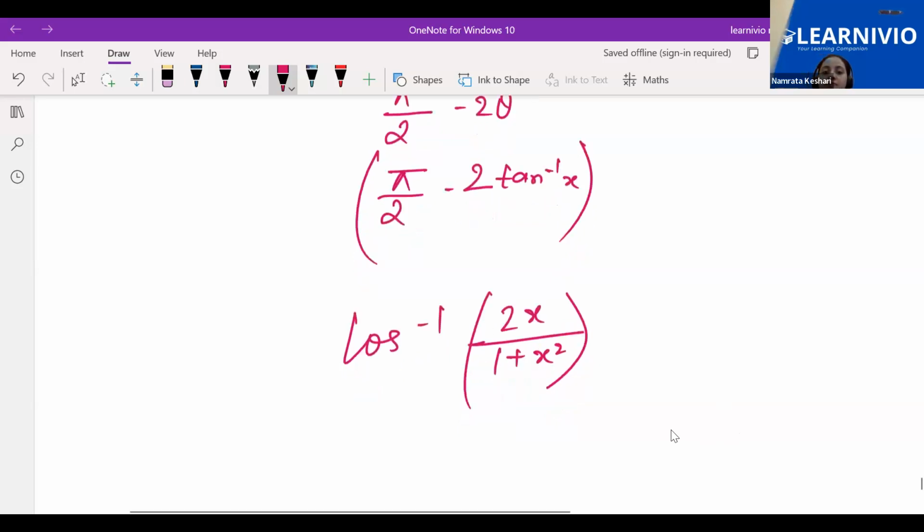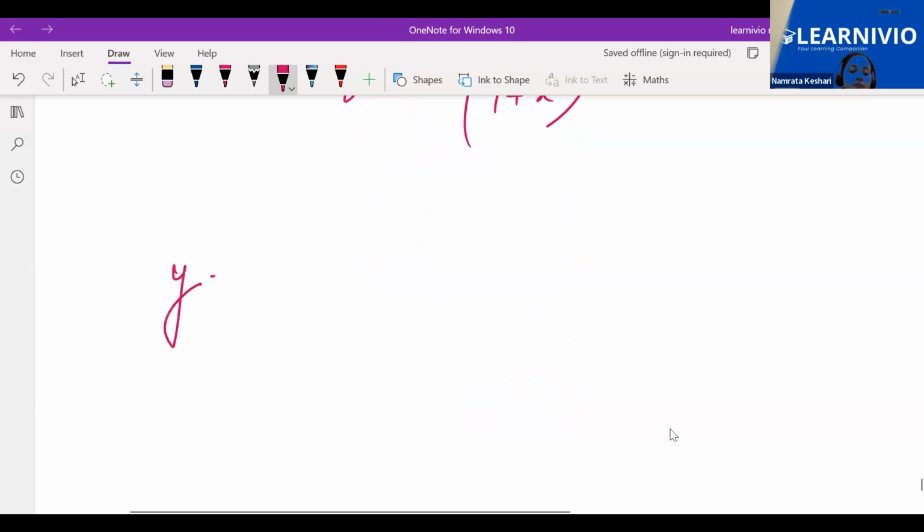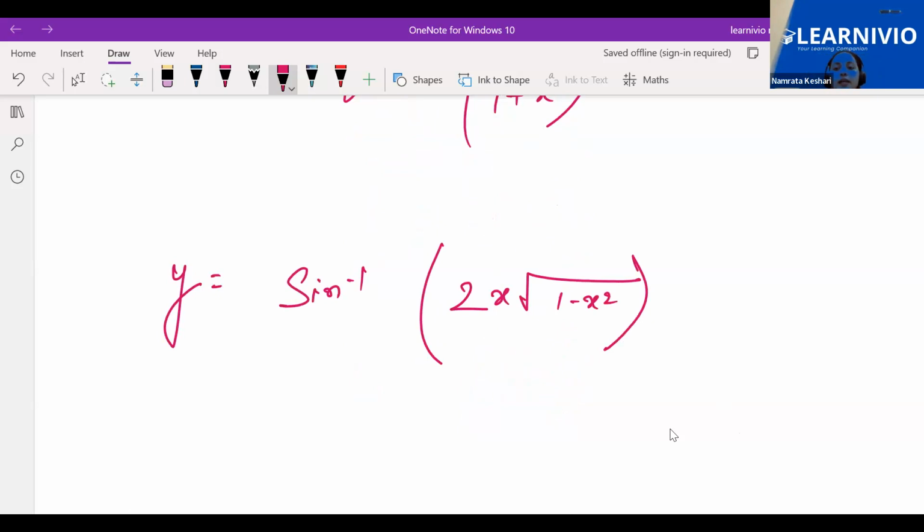And what about this one? What to take as x over here? What to take, Annapurna? Sine.